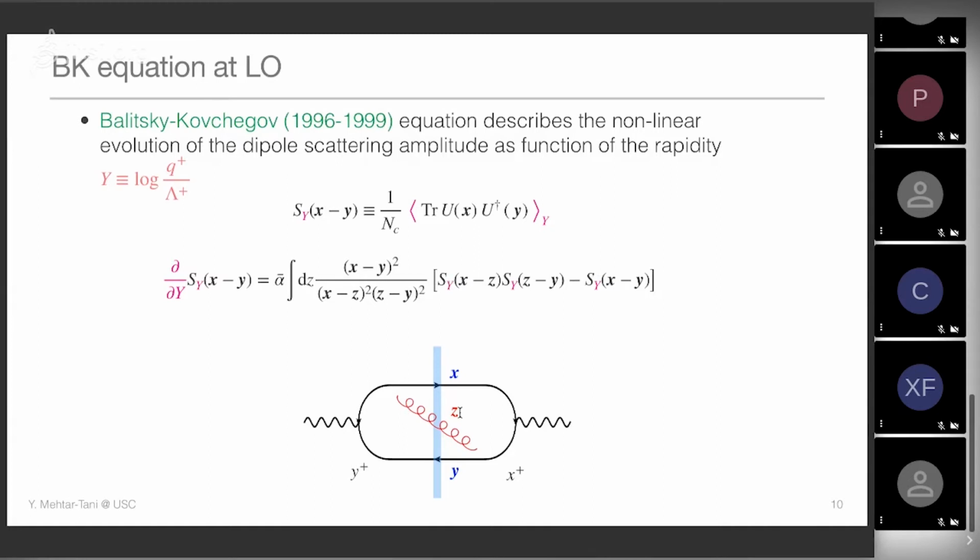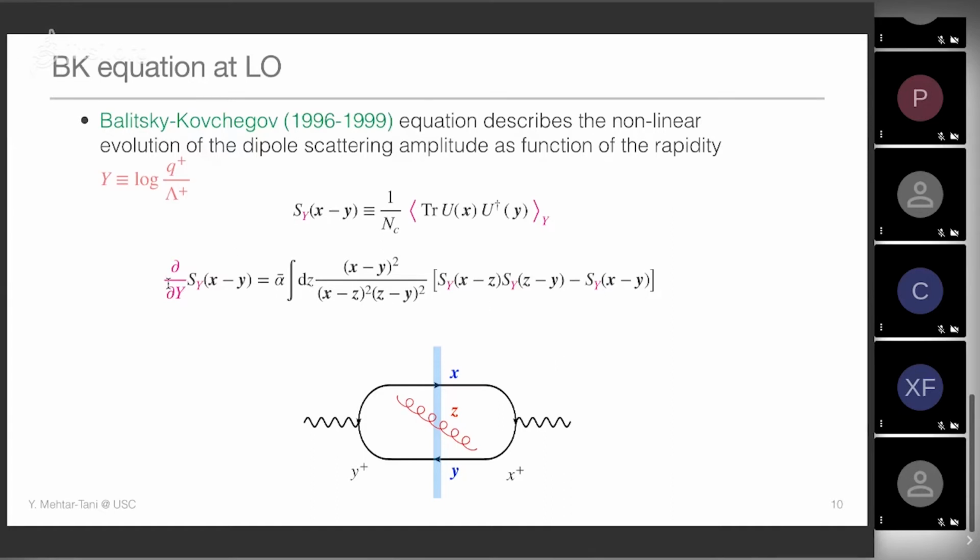So this interaction will generate two dipoles. So a dipole made of basically the gluon and the quark, and the gluon and antiquark, and this is given by this term here, which is this quadratic term. This is the nonlinear part, and then of course unitarity requires you to subtract the contribution of the non-interacting dipole here.